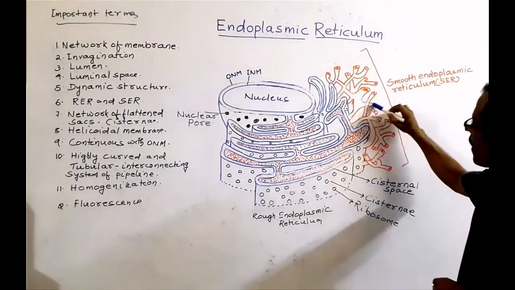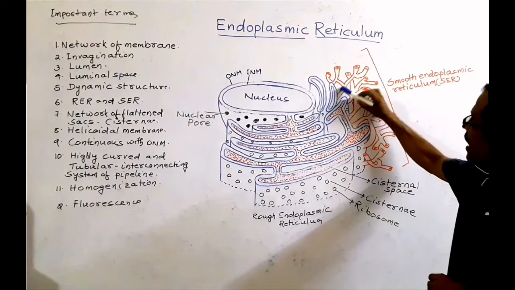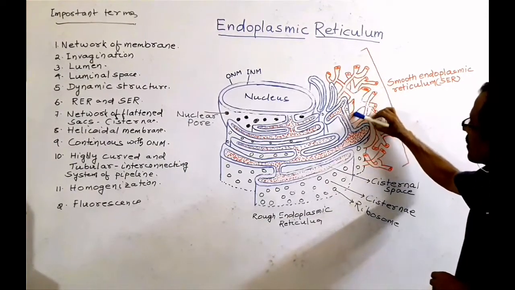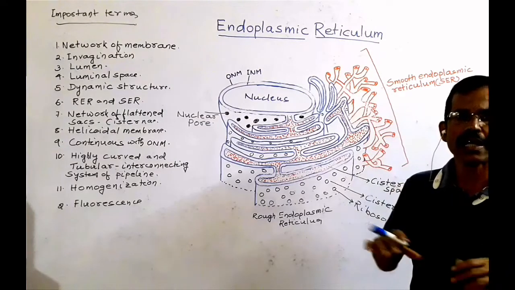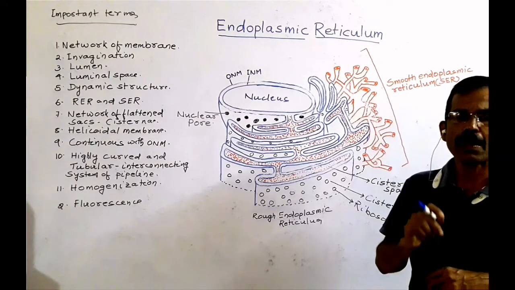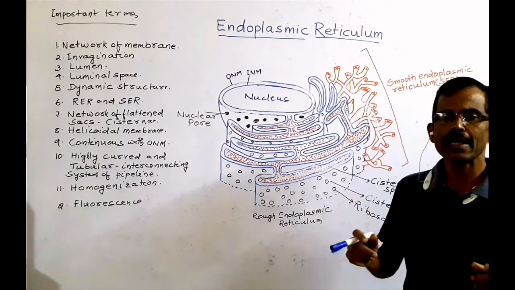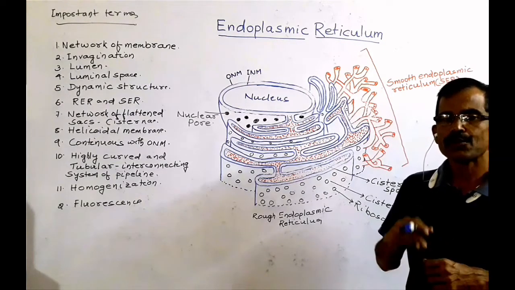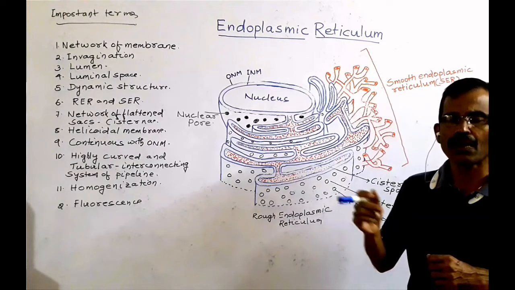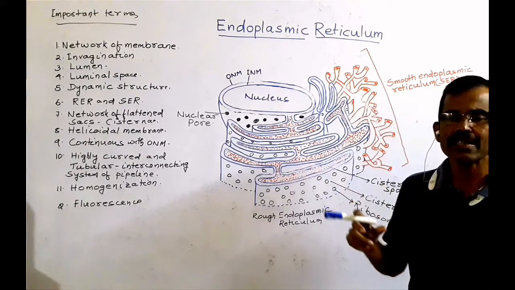The smooth endoplasmic reticulum makes an interconnected system of pipelines. When cells are homogenized, the rough endoplasmic reticulum is fragmented into rough surface vesicles, and smooth endoplasmic reticulum forms smooth surface vesicles.